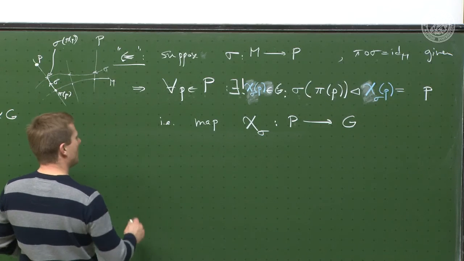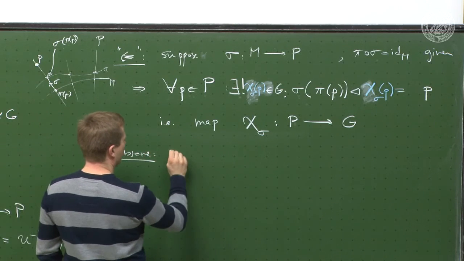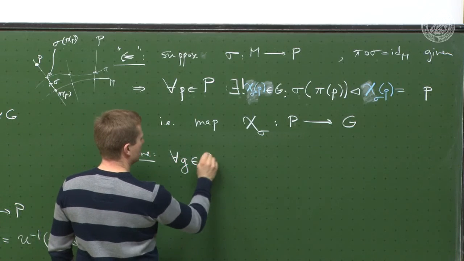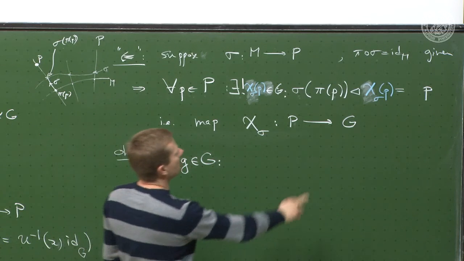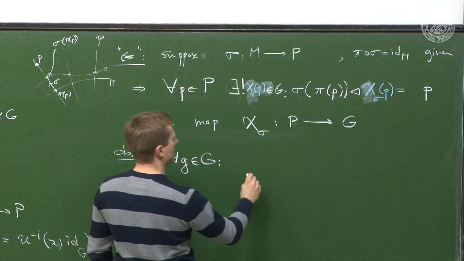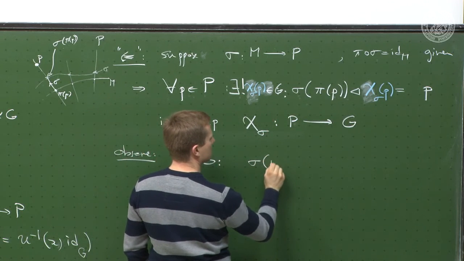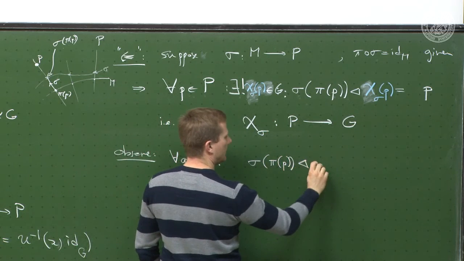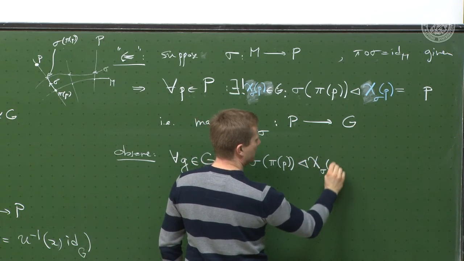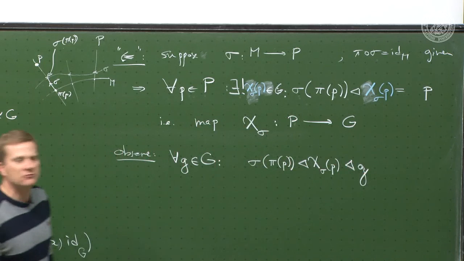So we have this. So now we observe that for any G in the group, we can look at this guy and act on it. So we take this equation and we act on it from the right. So we take sigma of pi of p, a right action, chi sigma of p, and for good measure we act again on the right with an arbitrary group element.